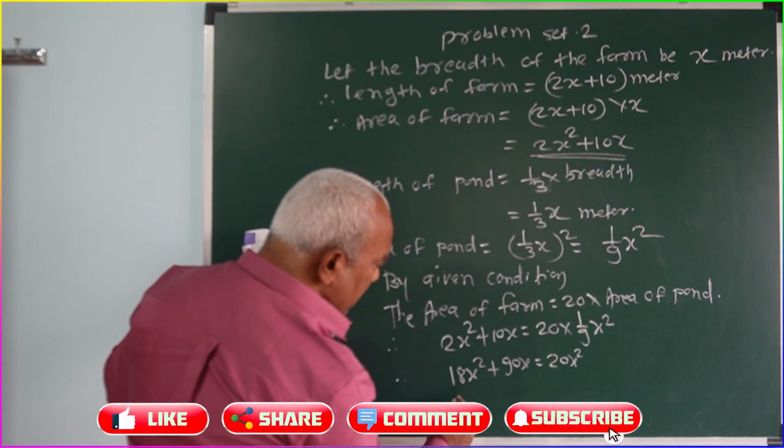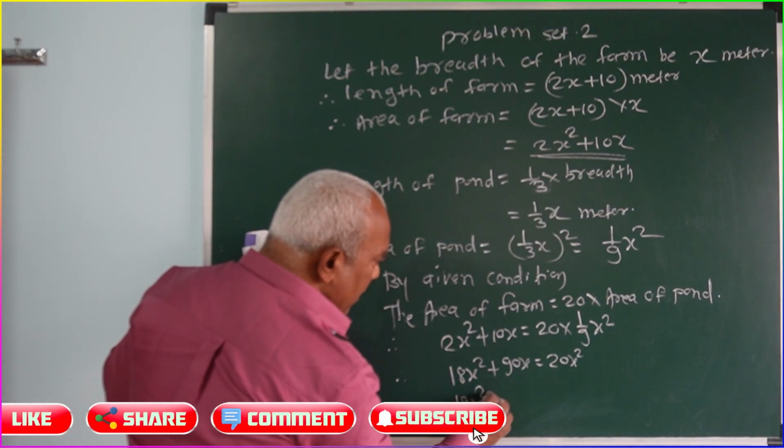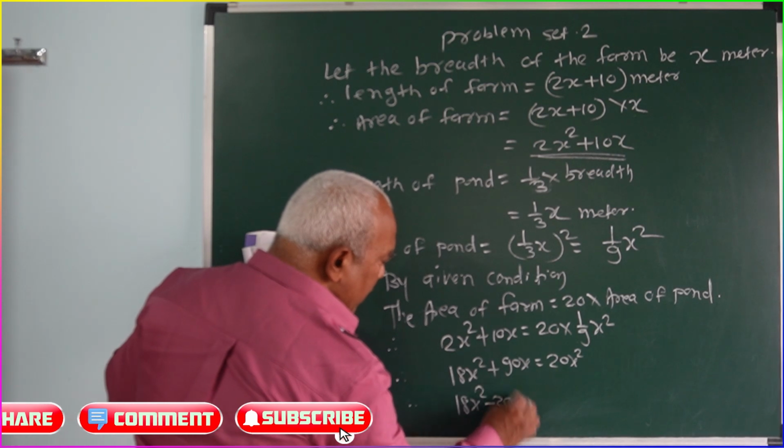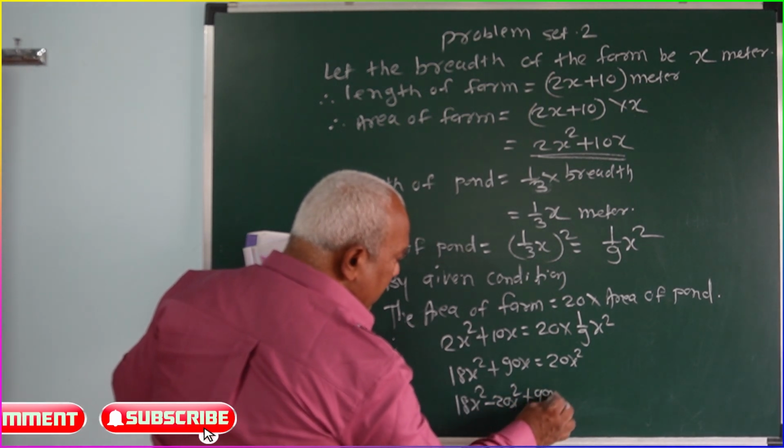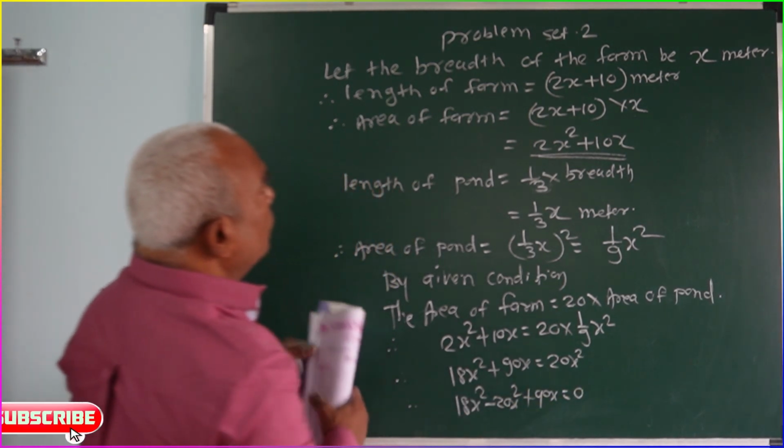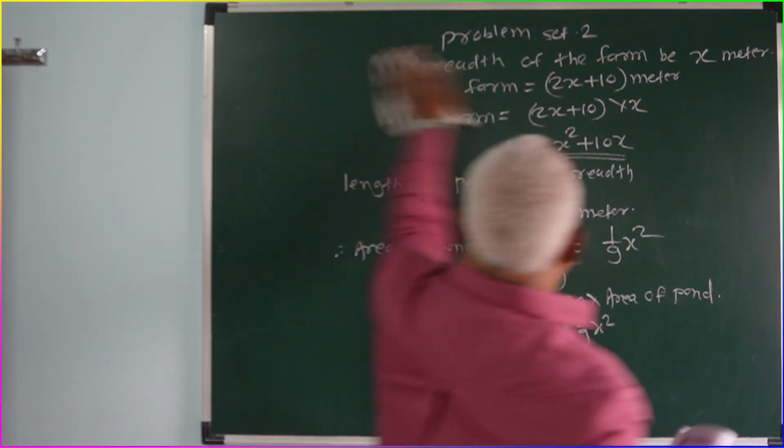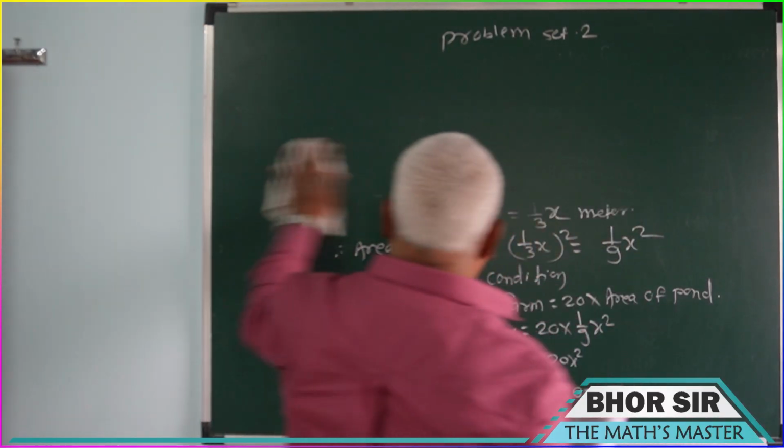Now bring everything to the left hand side: 18x square minus 20x square plus 90x is equal to 0.